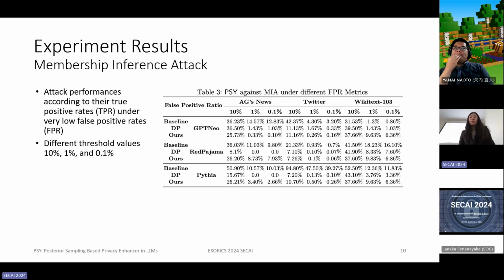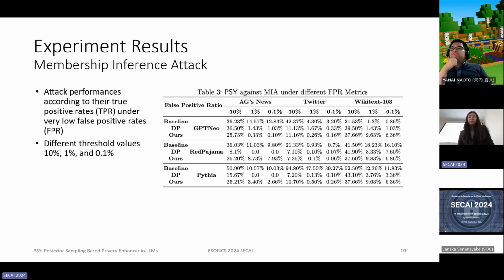Then let's look at the results of the membership inference attack. We measure attack performance by true positive rates under very low false positive rates, and we choose three different threshold values: 10%, 1%, and 0.1%.